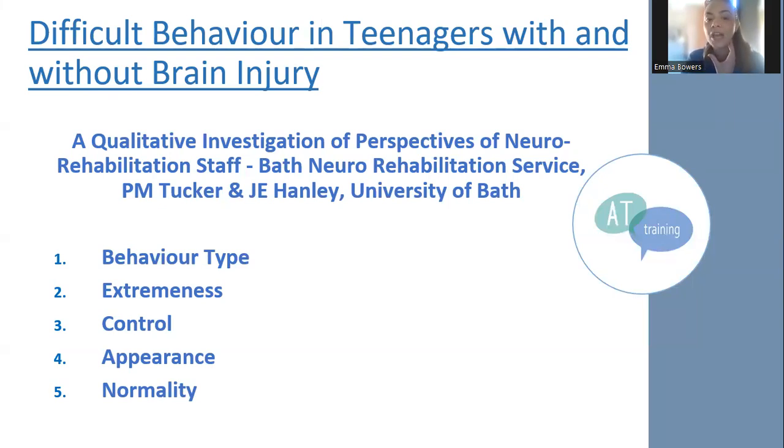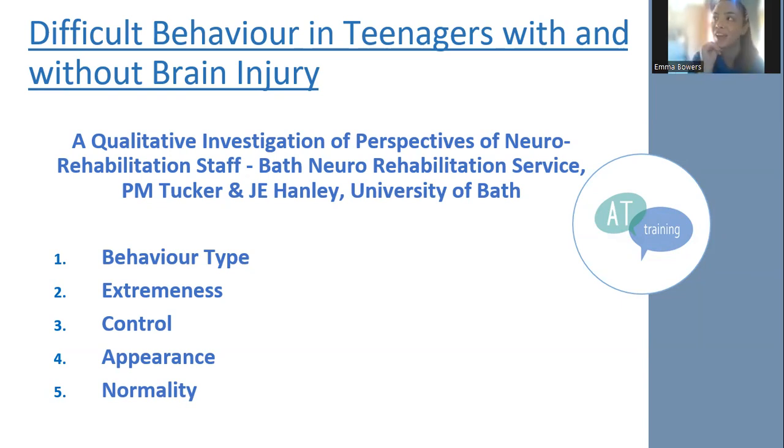Staff would consider physical aggression, either towards themselves or others, sexualized behavior, fecal smearing perhaps, to be brain injury related behaviors, whereas other behaviors such as problems with emotional regulation or verbal aggression would be attributed to just being a teenager.